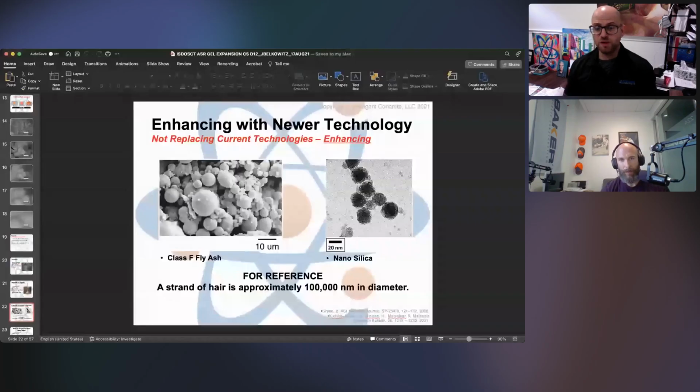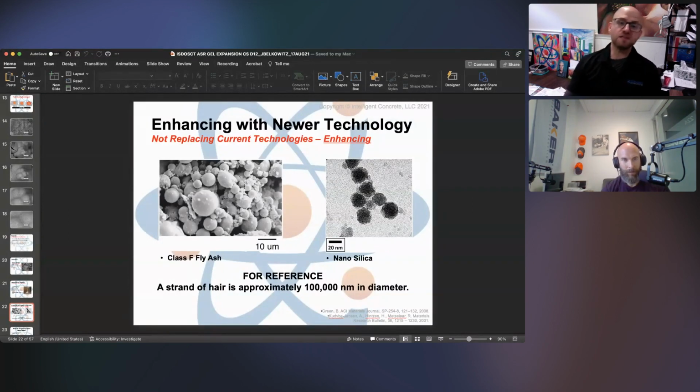When we look at Class F fly ash, just like in this picture that I'm not showing right now, it's around 1 to 100 micrometers in diameter. This is a slide that I often use to compare nanosilica in a colloidal suspension versus something we're used to using. We're used to using Class F fly ash.